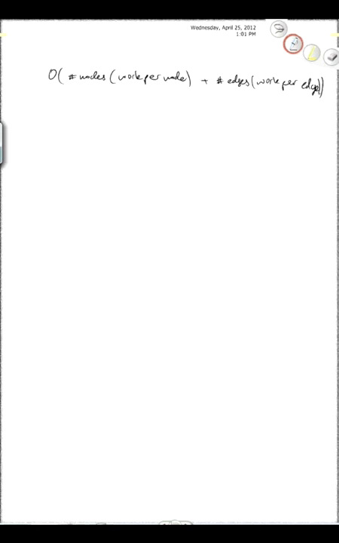And so if the graph is stored as a dense adjacency matrix, the successors operation that used to be very fast, that used to be O of 1, now would take O of n time for successors. And so the running time would be O of n times n plus m times 1. So this second term comes from the edges, and this first term comes from the nodes. And we know that m is always less than n squared, so that gives us a total running time of O of n squared. So that was number 3. The running time is O of n squared.